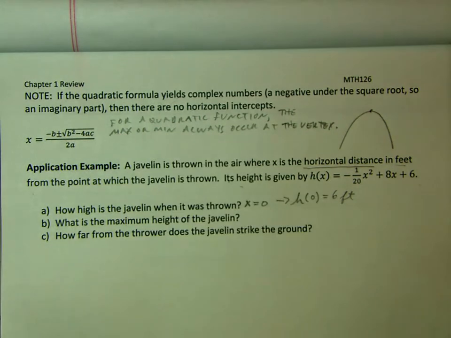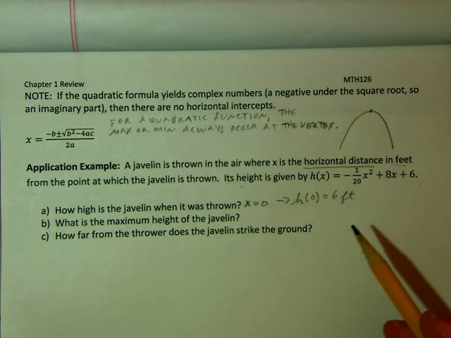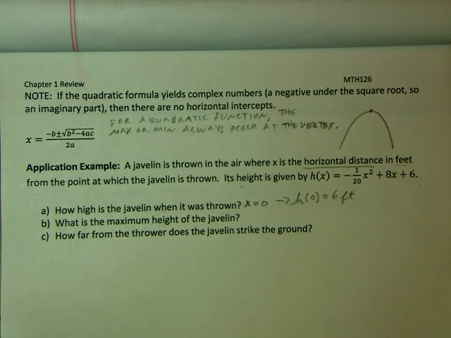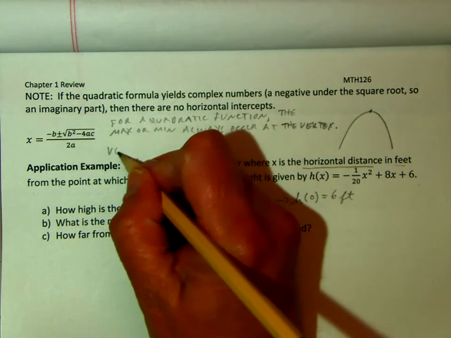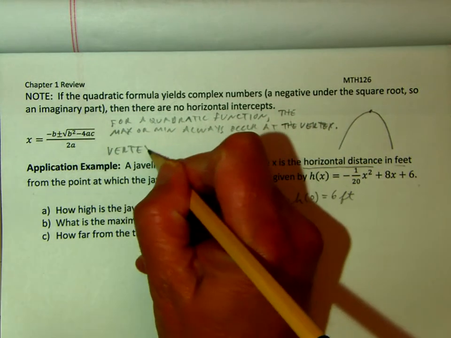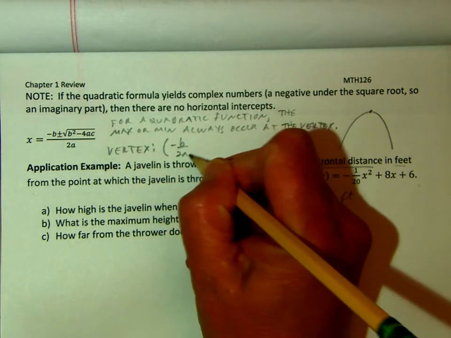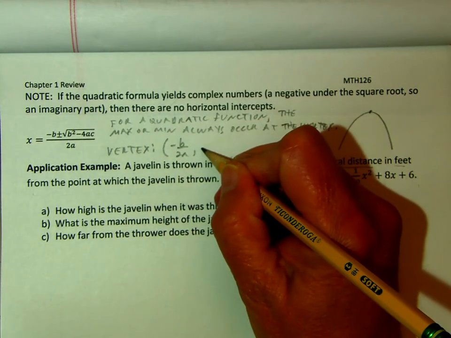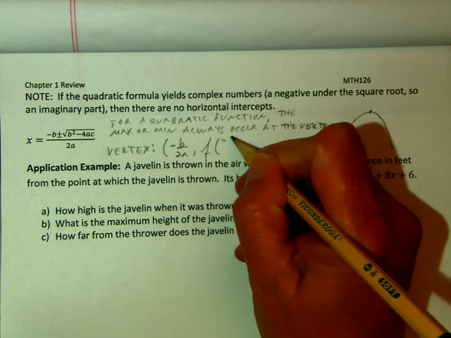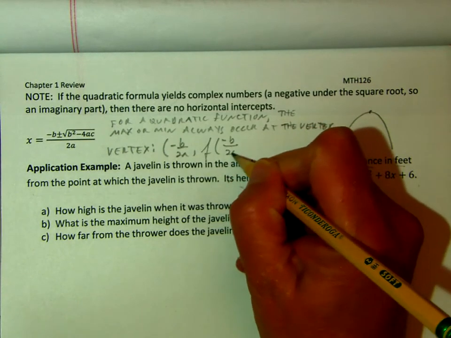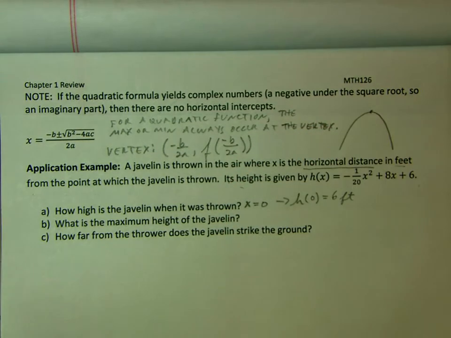Recall we had a formula. If we have our function in standard form, then we have a formula for the vertex, negative b over 2a, and then we would evaluate our function at that input to find the vertical coordinate of the vertex.